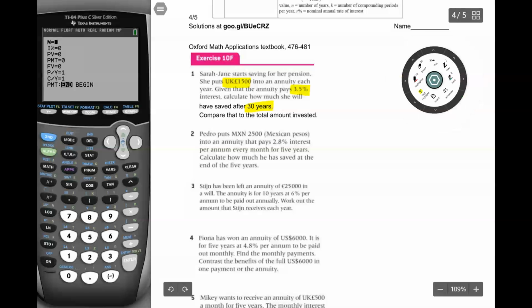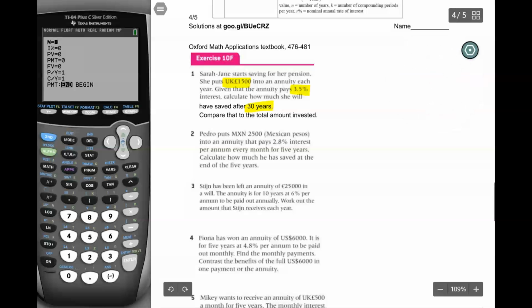One of the tricky things about annuity problems relative to compound interest problems is that in compound interest, N is always number of years. And in annuity problems, N is usually number of months, unless the problem only works in years. So if there's any part of the problem which mentions months, then N becomes months.